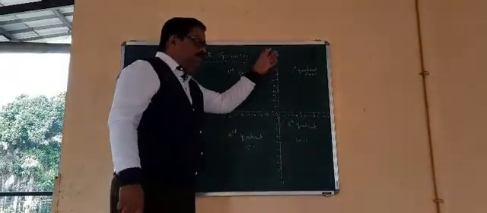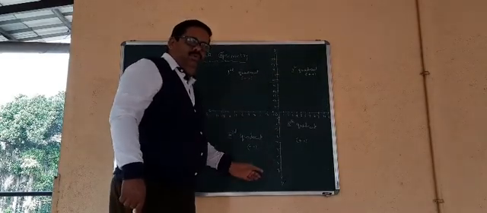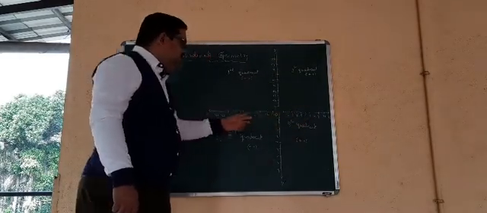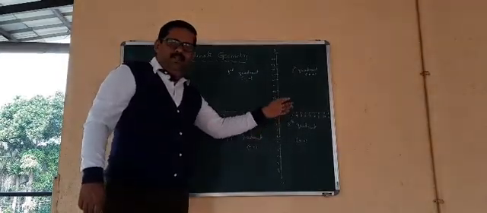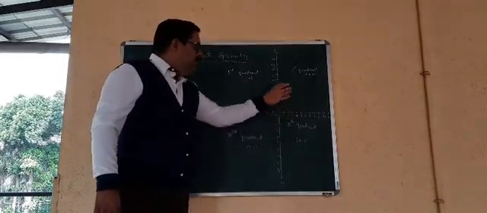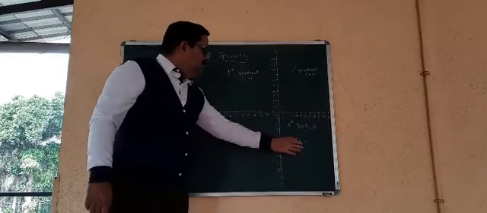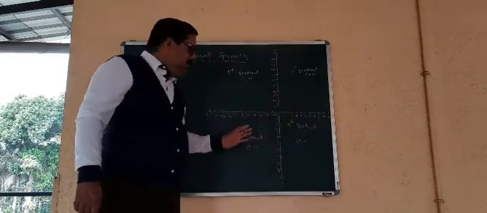When we draw two lines like this, it divides the graph sheet into 4 quadrants. These parts are called quadrants.